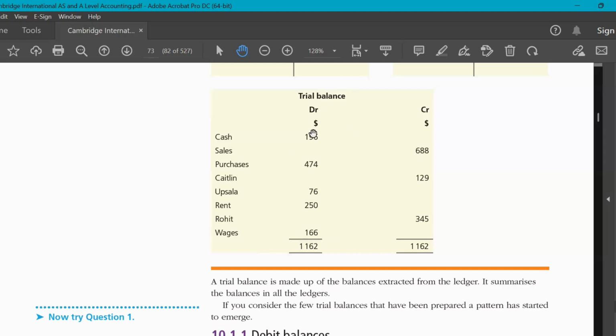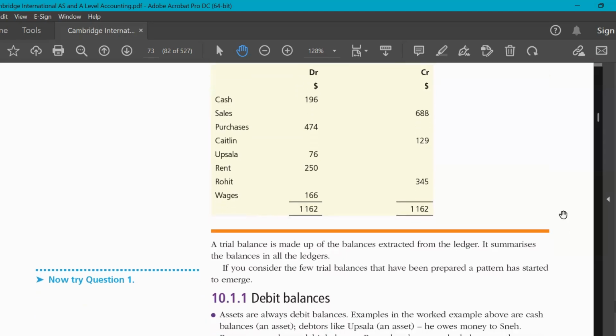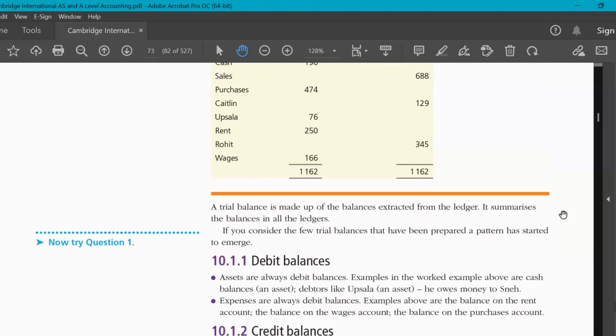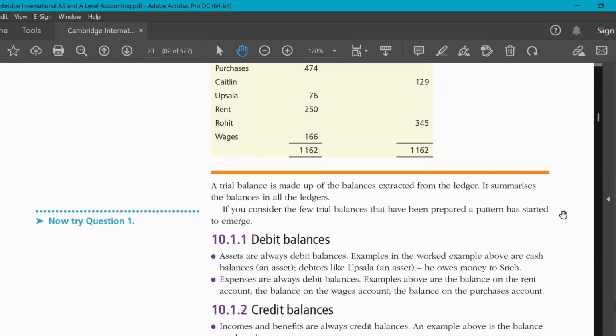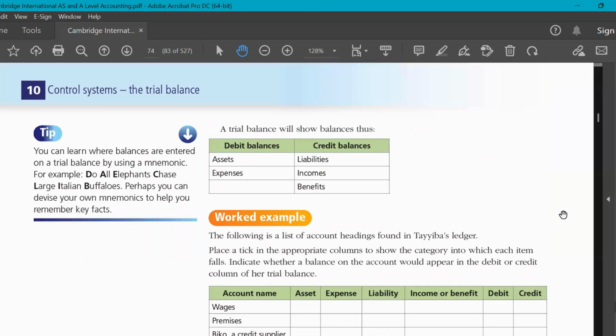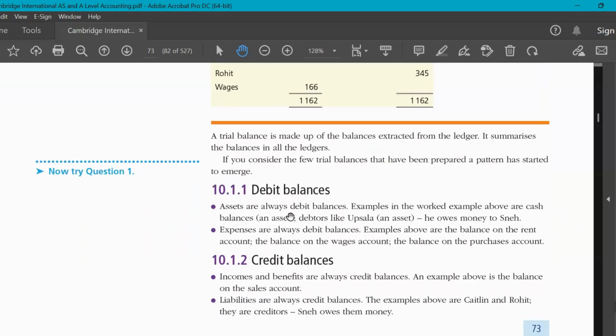If you're going to add it, after you add it, it must be balanced. Okay, that's the concept of the trial balance. As you can see here, it's only an explanation. Assets are always on the debit side. Cash balances, okay. Expenses are always debit balances.